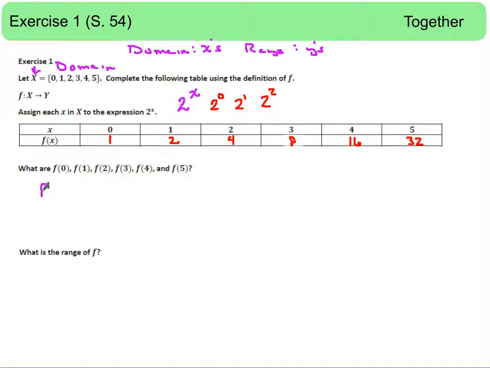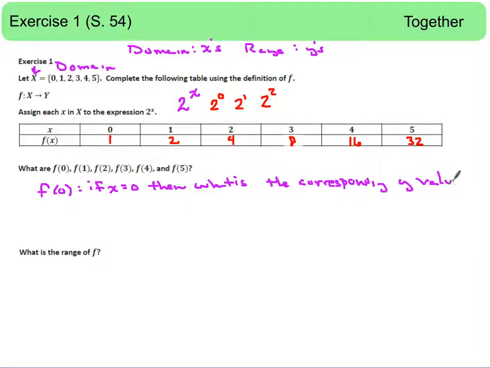So if we were to say f of 0, it's basically stating this question: if x equals 0, then what is the corresponding y value?